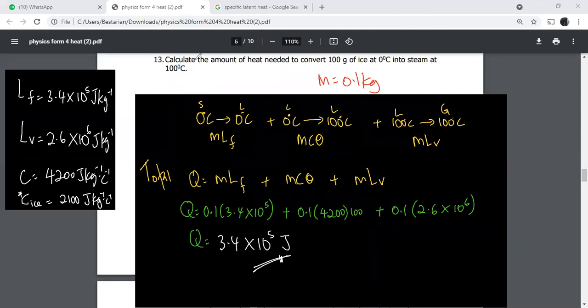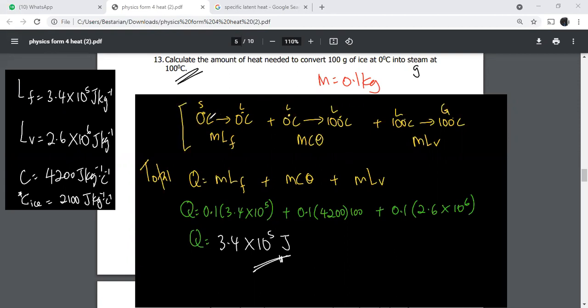Okay, if you look at this calculation, calculate the amount of heat needed to convert 100 gram, which is 0.1 kg, of ice, solid at 0 degrees Celsius, into steam, which is a gas, at 100 degrees Celsius. So we should know the changes that occur.